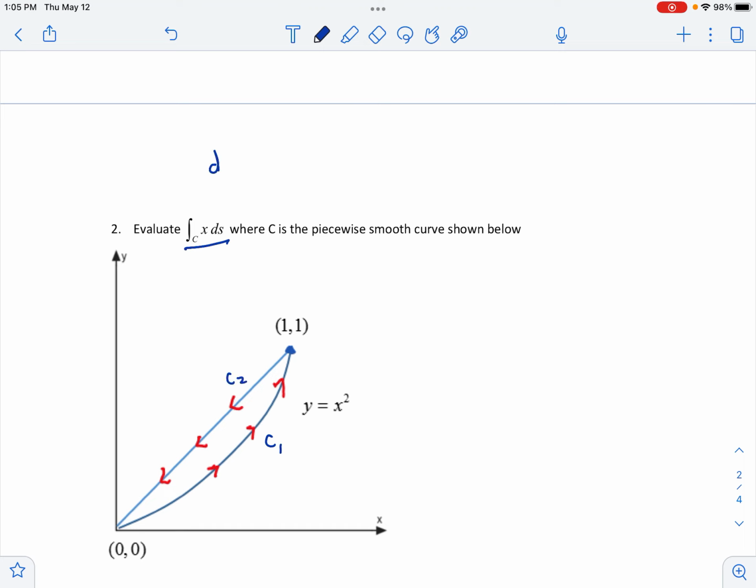And we remember that ds is equal to the square root of x prime squared plus y prime squared dt. Now this is for two-dimensional. If it were three-dimensional, I would have the z prime squared, where we have the r is equal to x of t and y of t.